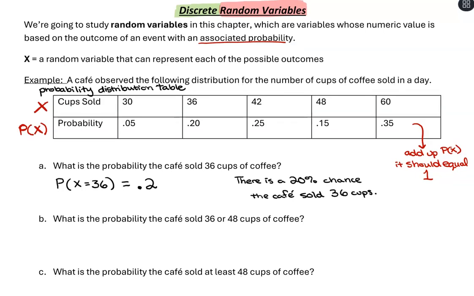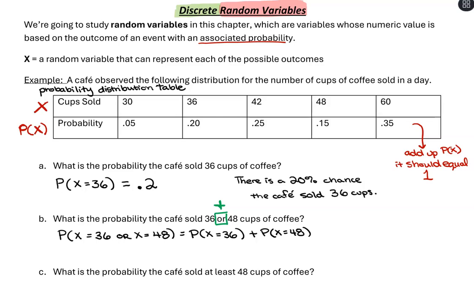Then for the case of or, we want to find the probability that X is equal to 36 or 48. And our rule holds that if we see or, we should be thinking addition. We want to add those two probabilities together. So I want to take the probability of X equals 36 plus the probability of X equals 48.